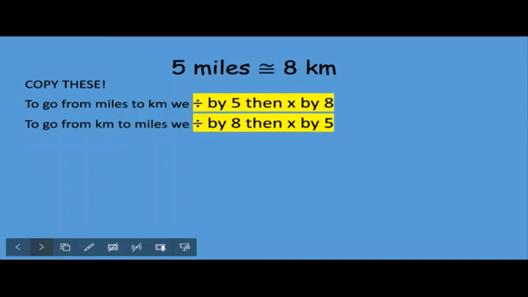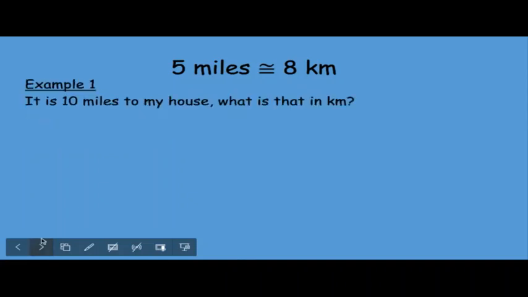Okay, side heading, examples. Right, so it's 10 miles to my house. What's that in kilometers? So we're going from miles to kilometers, so we are going to divide by 5, then multiply by 8.